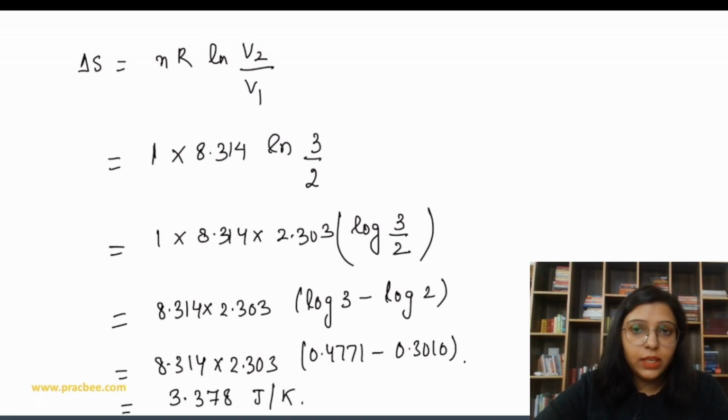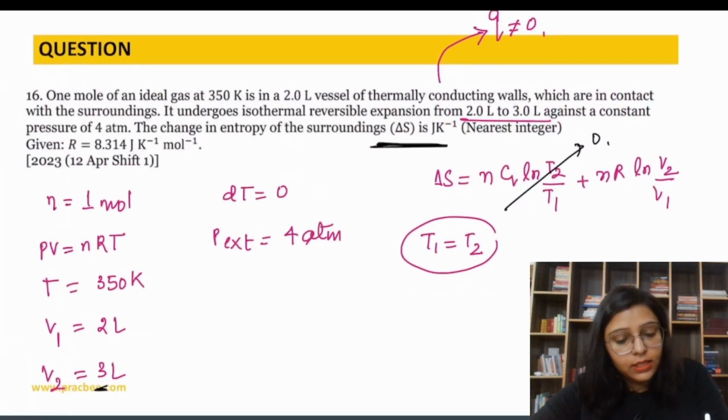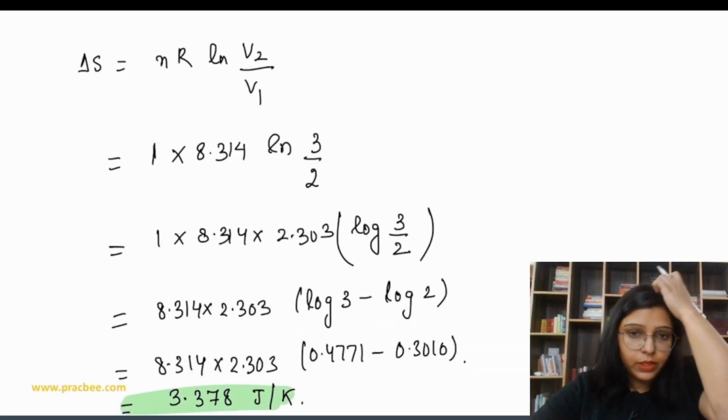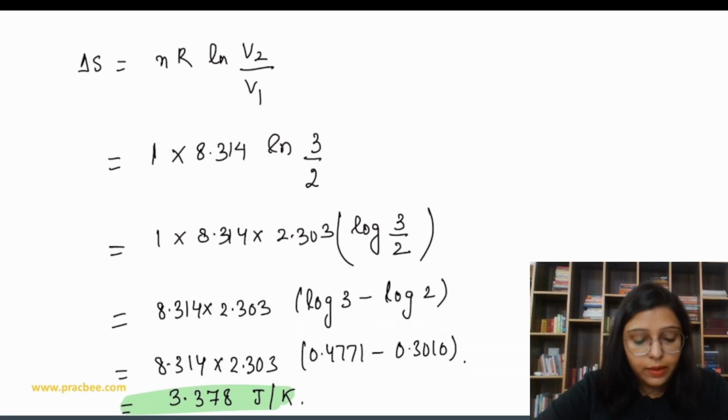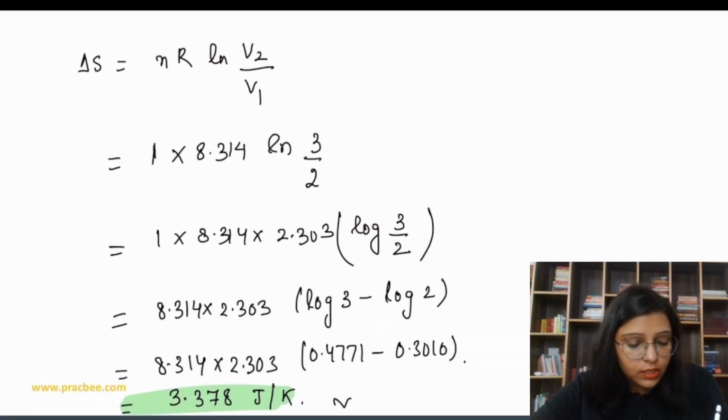So that is going to be the answer. We have to find out delta S, so delta S is equal to 3.378. Now we have to report in the nearest integer. So the nearest integer is going to be 3. Okay, it is not 4, it is going to be 3.